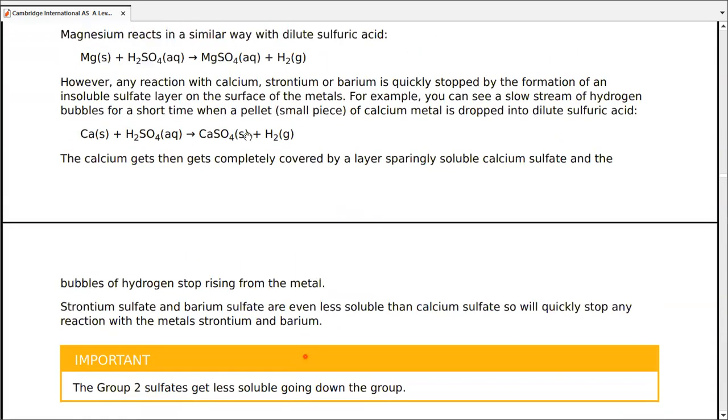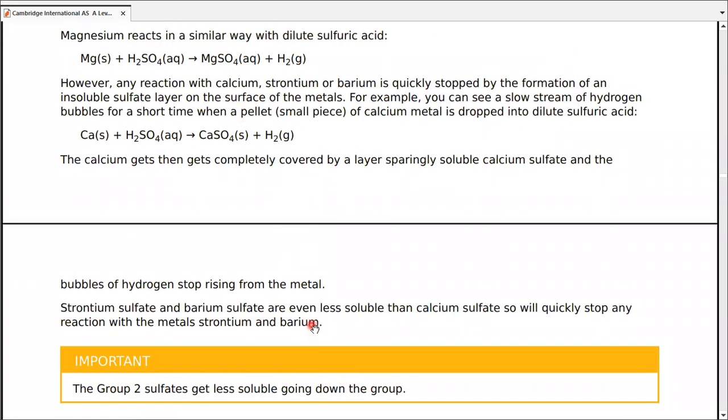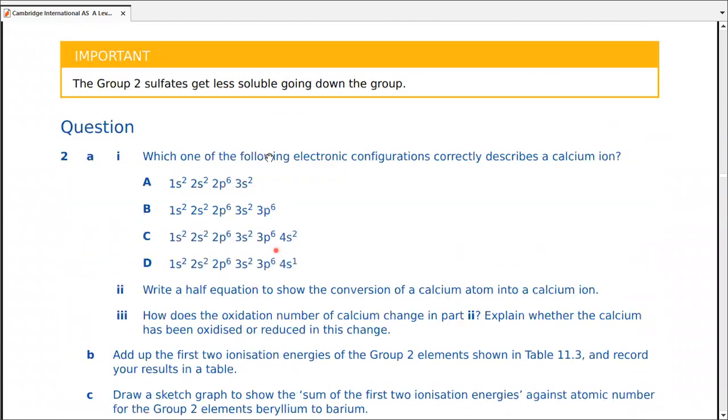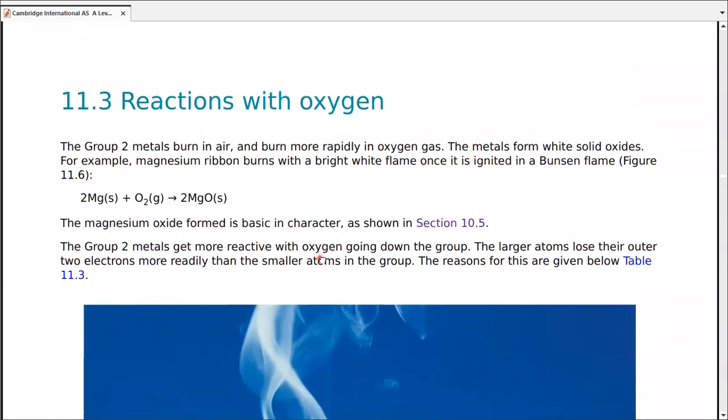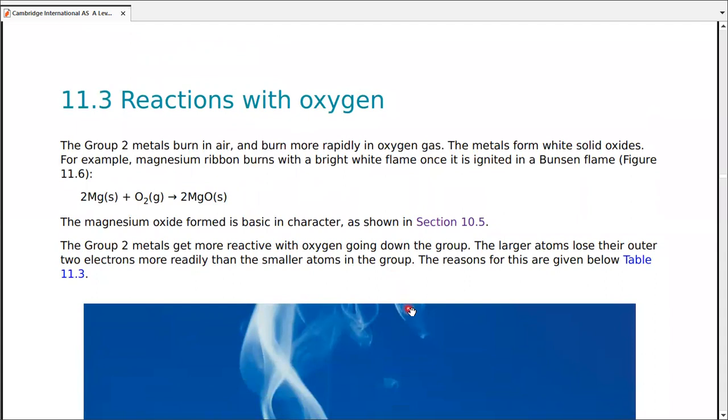You'll see that this specific part that I've discussed has also been a part of A2. Keep this in mind. You're going to use it for a longer duration compared to the rest of the stuff in this chapter. So 11.3, reactions with oxygen.